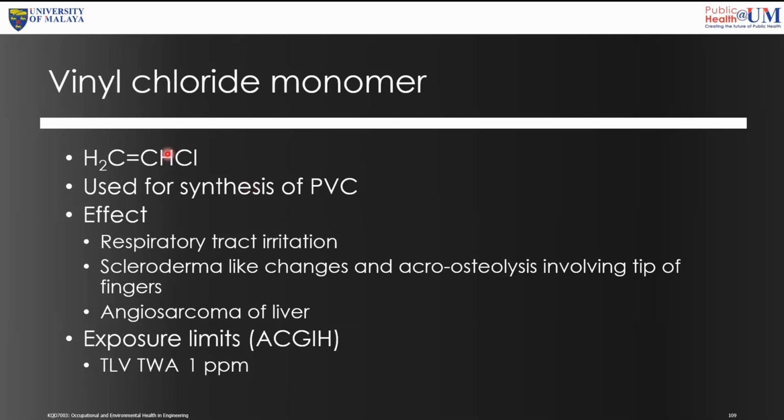Also, you can get vinyl chloride monomer by burning plastic, where you get fume from burning plastic. So polymer fume is what you get when you burn plastic, and if you're burning polyvinyl chloride, you get vinyl chloride monomer. So you get the effects of respiratory irritation, scleroderma changes, and also angiosarcoma, basically cancer of the blood vessels in the liver.